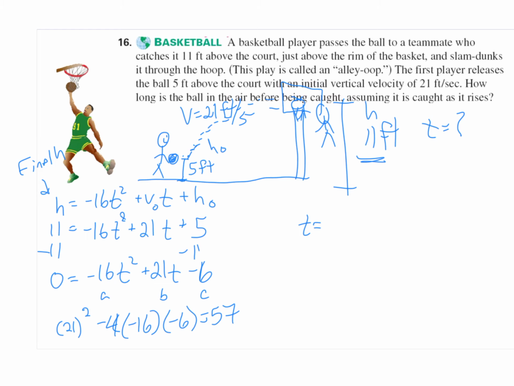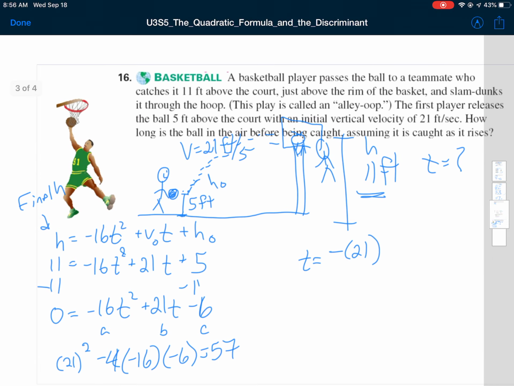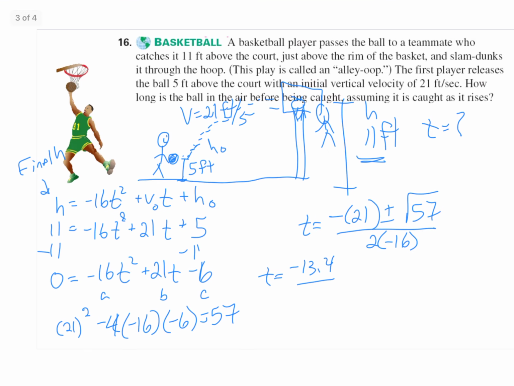So t, this time instead of x, equals the opposite of b plus or minus the square root of 57 over 2 times negative 16. So negative 21 plus the square root of 57, and I'll use the decimal of 57, gets me negative 13.45. This becomes negative 32. So t gives me negative 13.4 over negative 32.